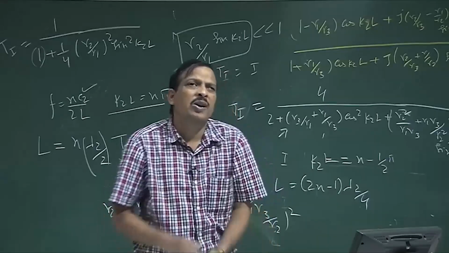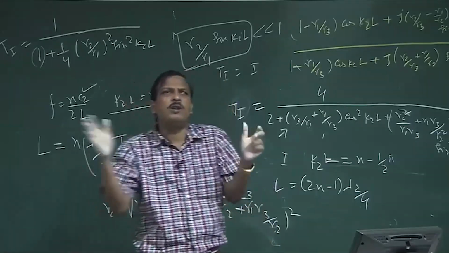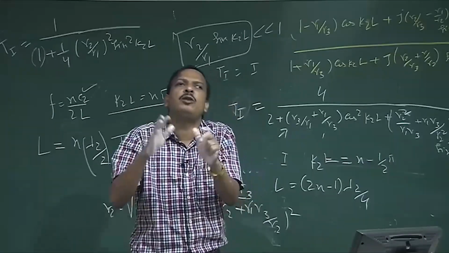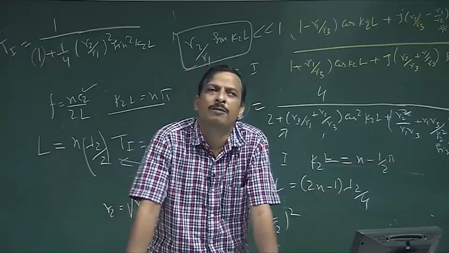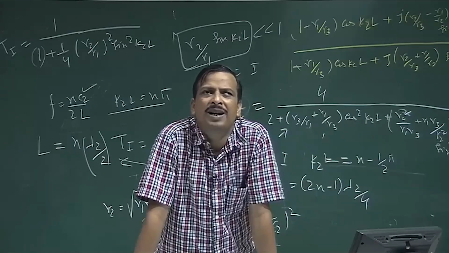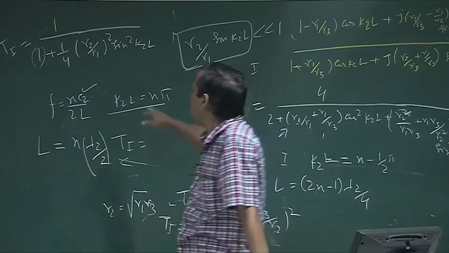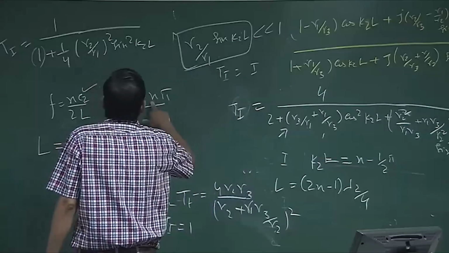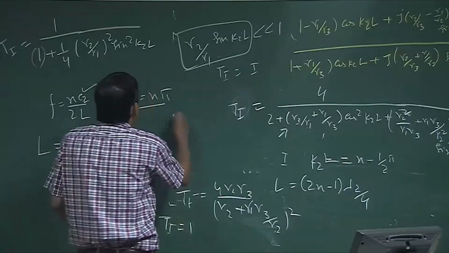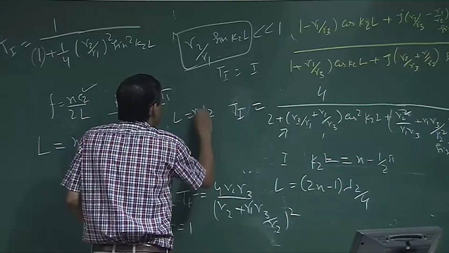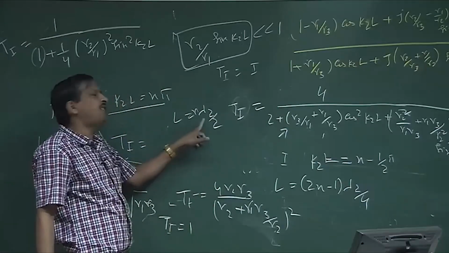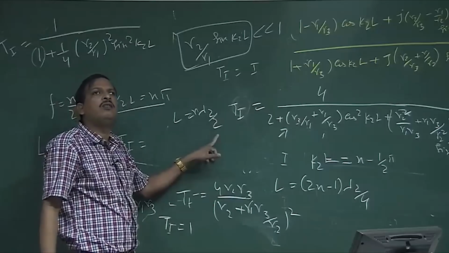So, when I design the length of the wall for an acoustic studio, I have to think about the operating frequency condition. For that frequency condition I also have to think about L. I should not make L an integer multiple of lambda by 2, because for those frequencies for which L is an integer multiple of lambda by 2, Ti will be 1.